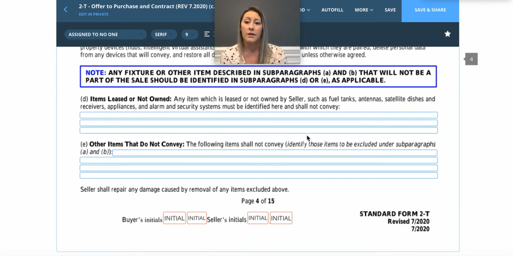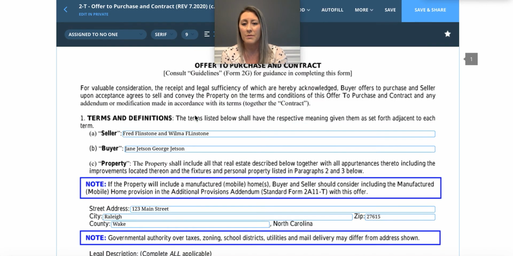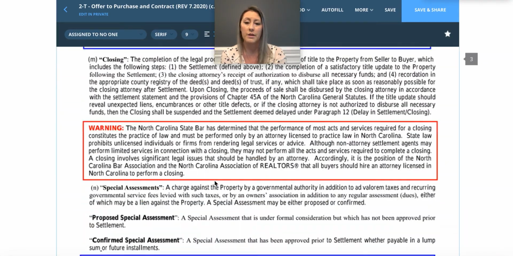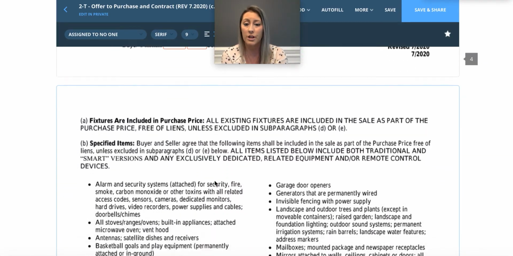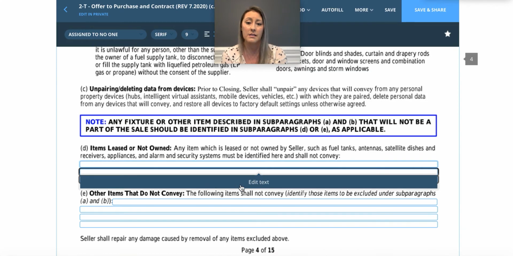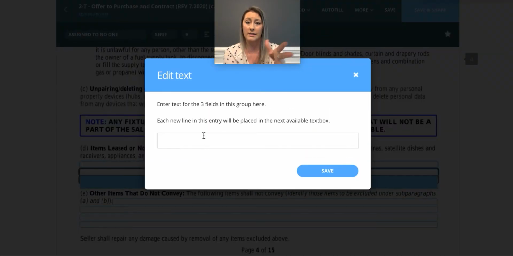Let's move on. Okay, items leased or not owned. This would be something like a satellite dish or a gas tank that's buried underground, a natural gas tank. Not everybody owns those. Sometimes, like Suburban Propane, they will still own the gas tank. So you just want to put that in there.